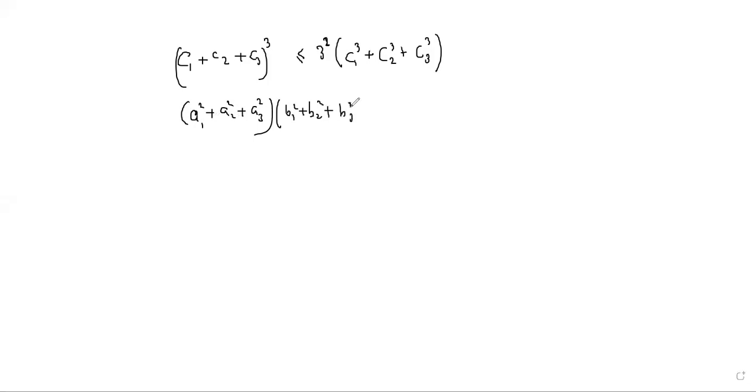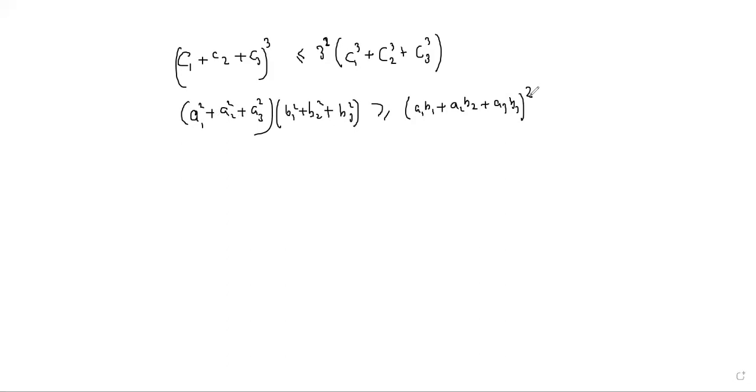But just to state it, this thing times this thing is bigger than or equal to A1, B1, A3, B3. You understand? This is the Cauchy Schwartz.